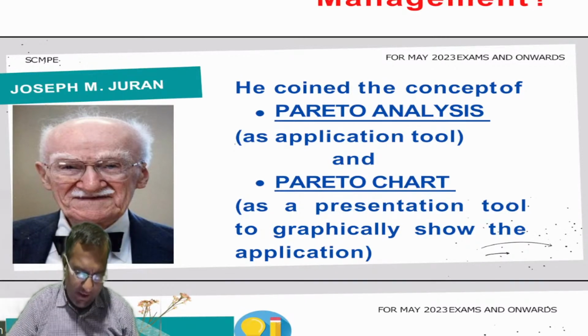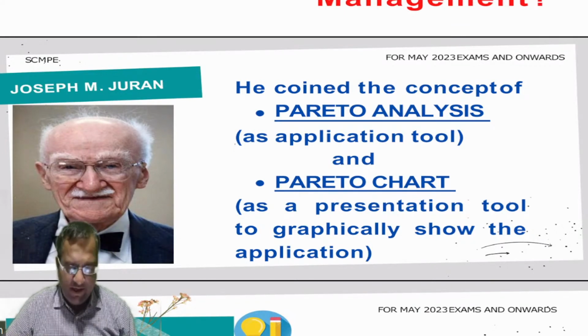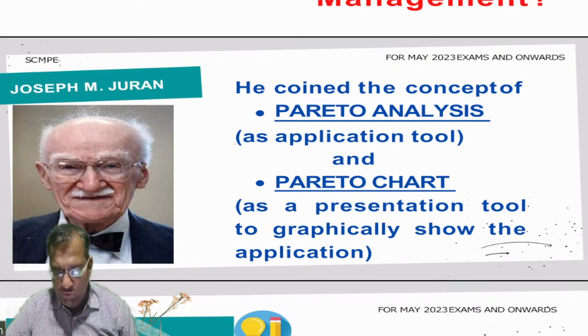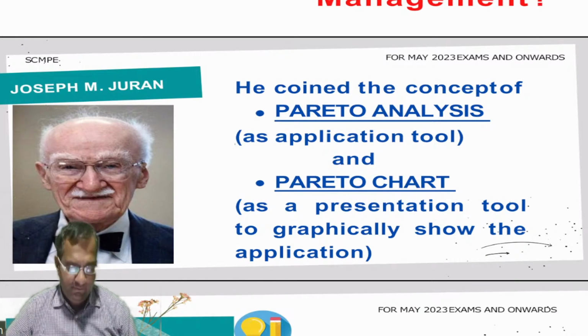Whether 80-20 rule is applicable to business? Question mark. Next line. The answer is yes.